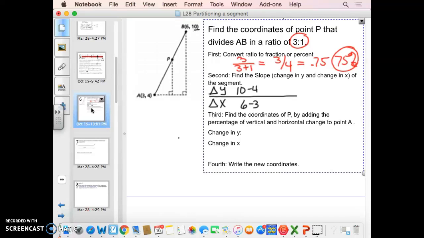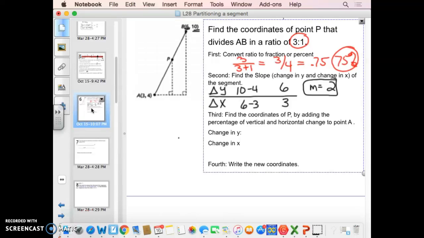Remember, if I start with 10 as my first point, I have to start with 6 as my first point. So 10 minus 4 is 6. 6 minus 3 is 3. And so my slope is actually 2, and it will be 2 for the whole line. But the numbers that I'm really interested in are the 6 and the 3.